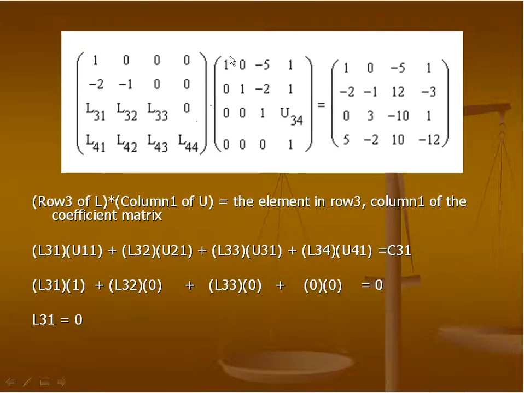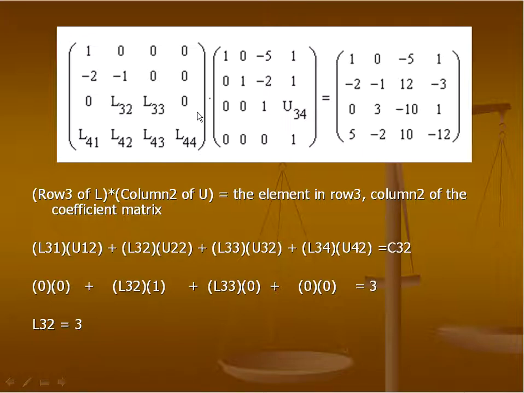We're going to take row 3 times every column in matrix U. So here's row 3 of matrix L times column 1 of matrix U. Check it out. It's equal to the item in row 3, column 1. Okay.